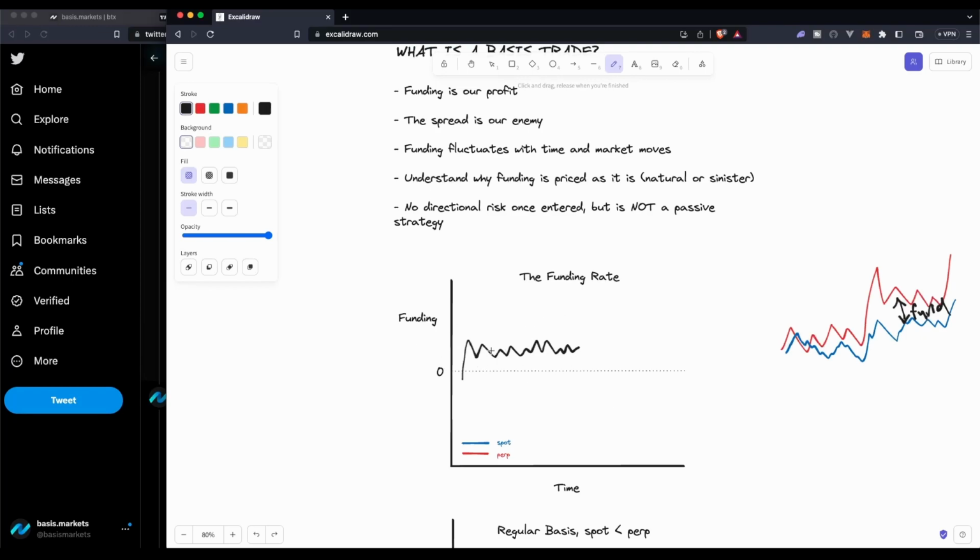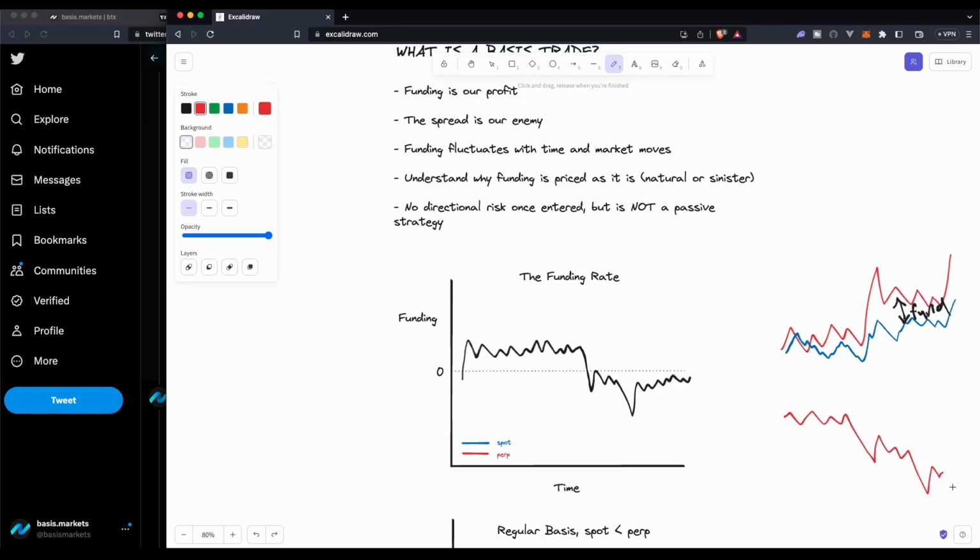So positive funding equals the perp trading above the spot price. And then when we see the funding rate go back below zero and be negative, that is the opposite. So we'll have the perp trading below.